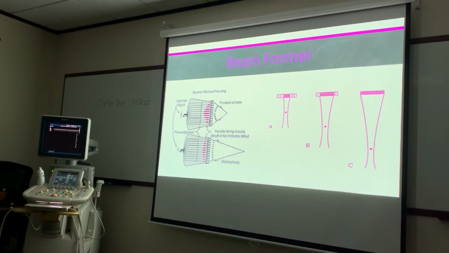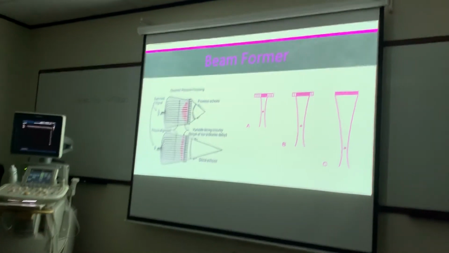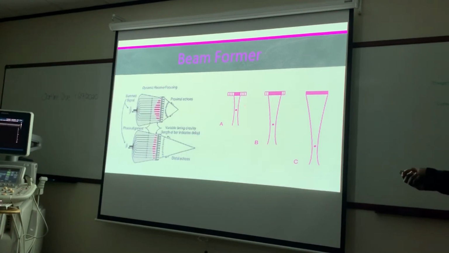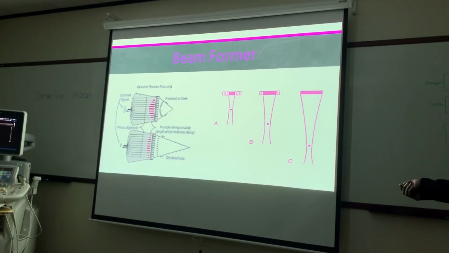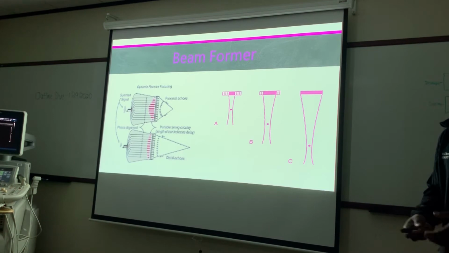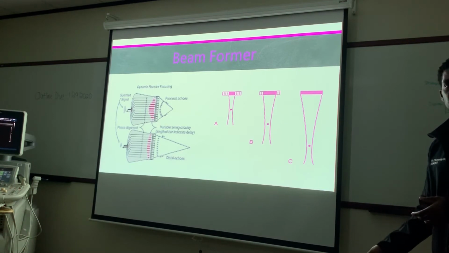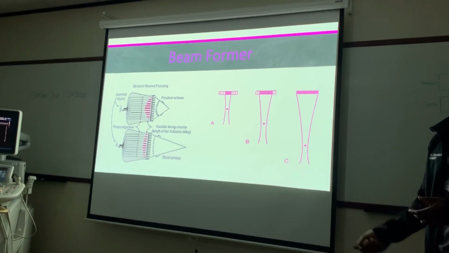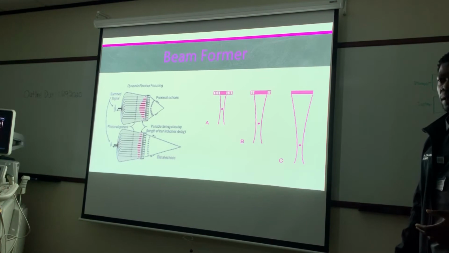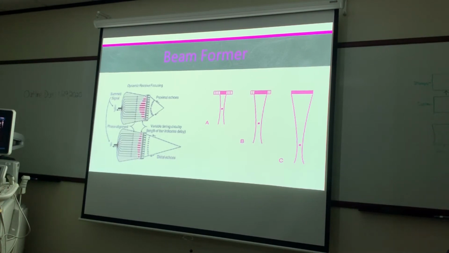And this is our dynamic aperture right here. So the more crystals we use, the deeper our focus is going to be. It's going to control our beam width over a greater range of depths, effectively helping out with lateral resolution, correct? All right. So the beamformer does those things.